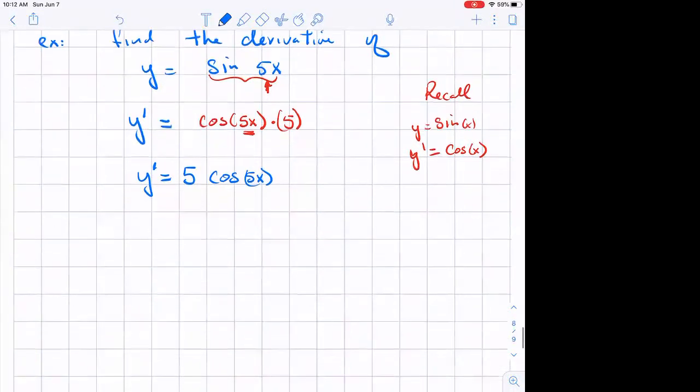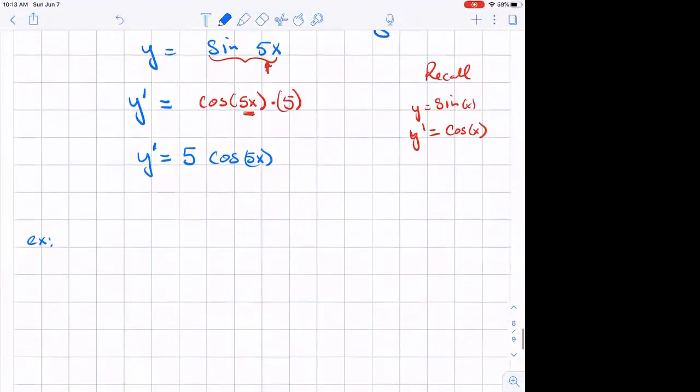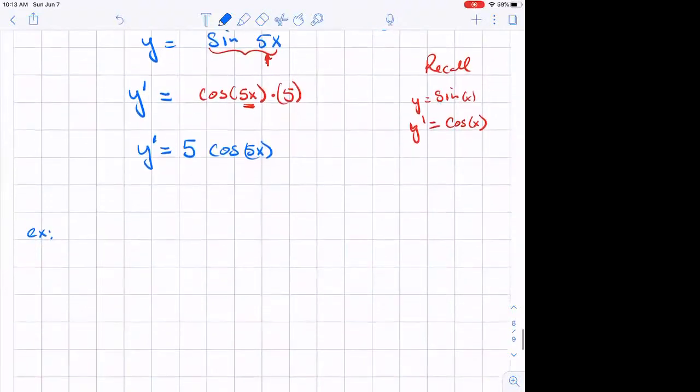Okay. Let's look at another example. Find f prime of x given f of x is equal to sine cube of 4t.